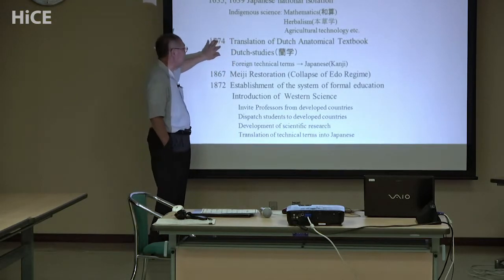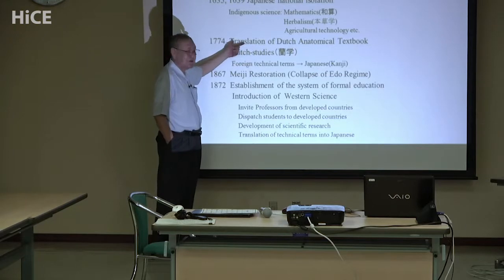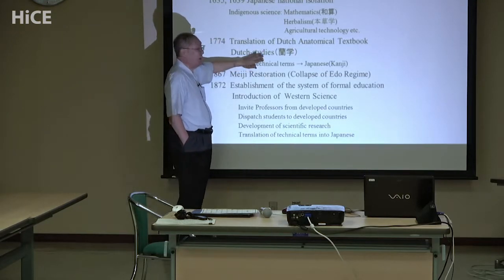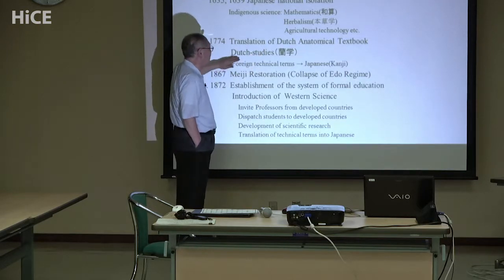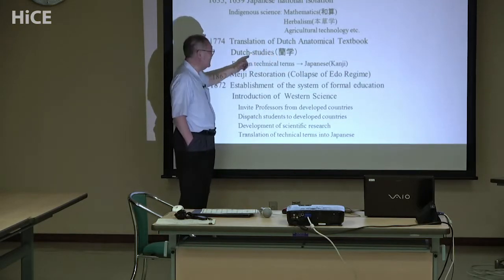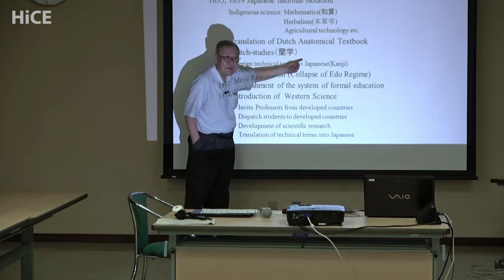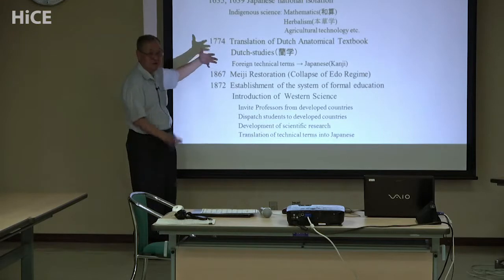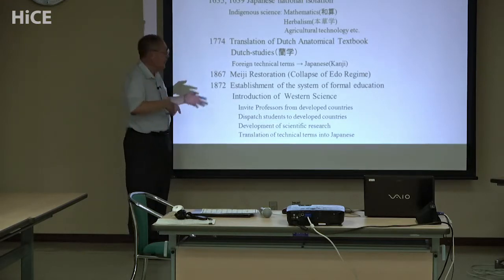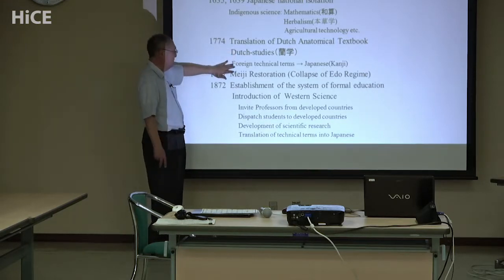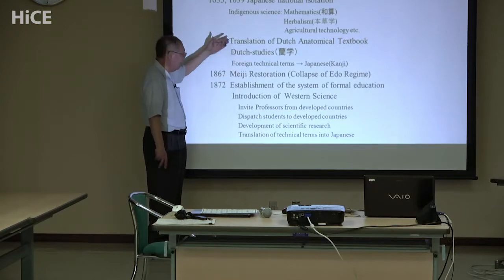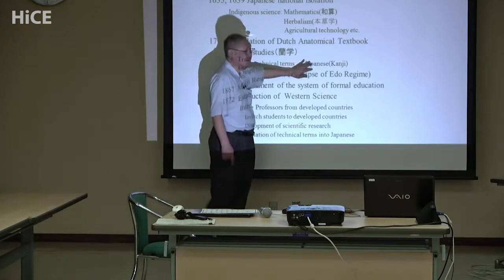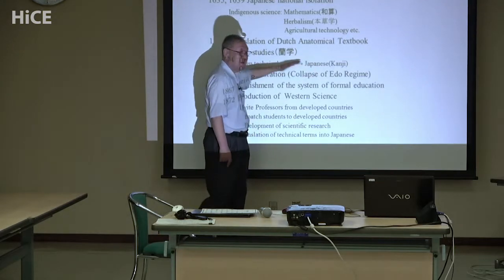And using this anatomical book, we translated it into Japanese using kanji letters. We called it Dutch studies. Dutch means Holland. And using those literature, translated into Japanese using kanji. Then foreign technical terms were translated into Japanese kanji letters. This is the history.